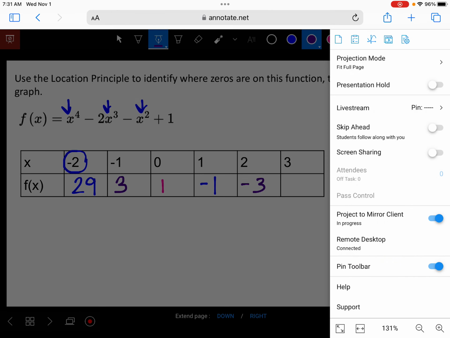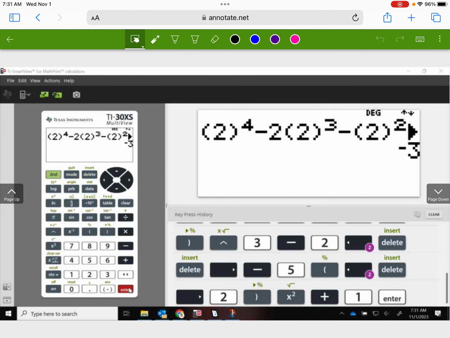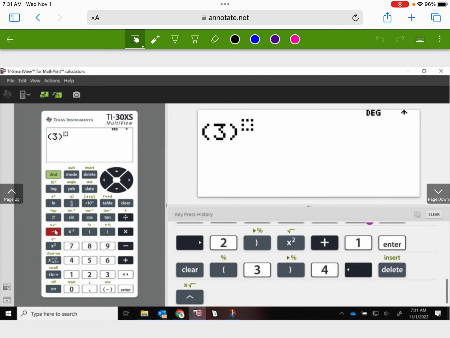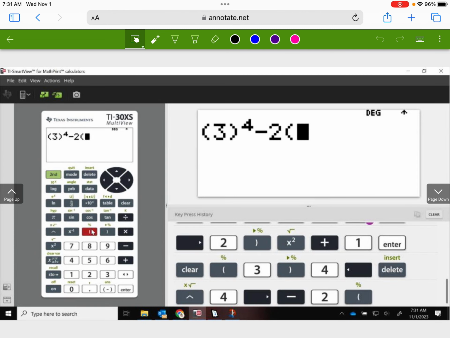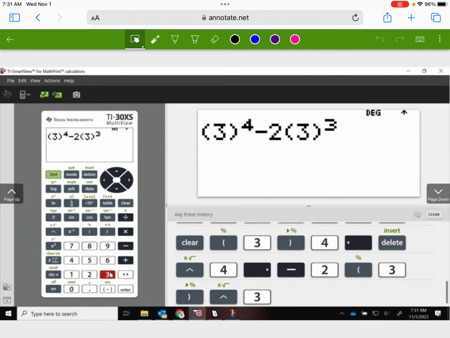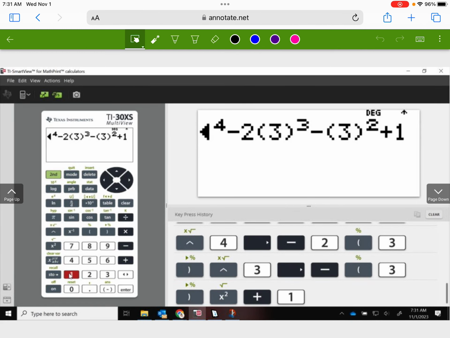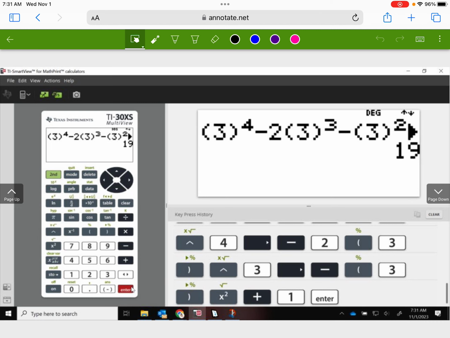One more of these. And we're going to do our positive 3. 3 to the 4th. Oh, that's not 2 to the 4th. That was just 3 times 4. 3 to the 4th minus 2 times 3 to the third minus 3 squared plus 1. We have positive 19.